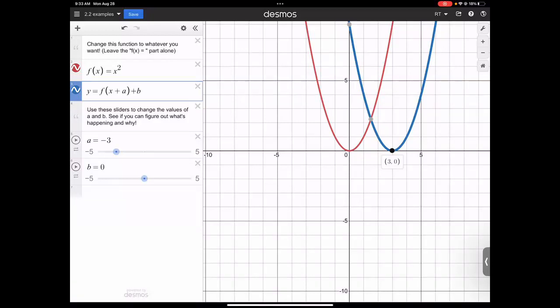I added 4. Well, that feels like it ought to make everything bigger, which ought to make everything move that way, because that's the positive direction. But instead, it moves the other way. So it feels a little bit backwards, or it does to me anyway. Maybe it doesn't to you. That's fine, so I'll write a question mark.